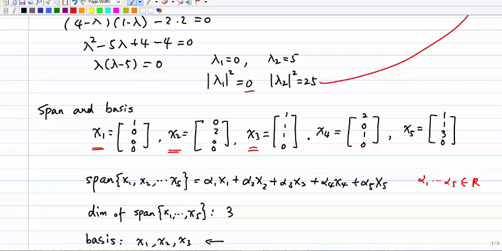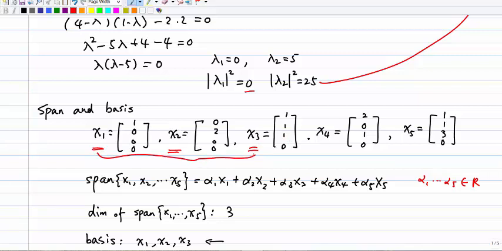It doesn't matter what linear combination of x1 and x2 you take, you never get a non-zero third entry. So this must be independent. So the first 3 are linearly independent.